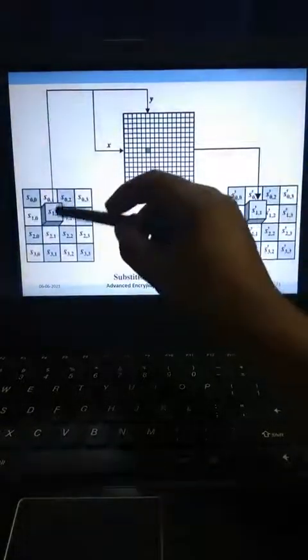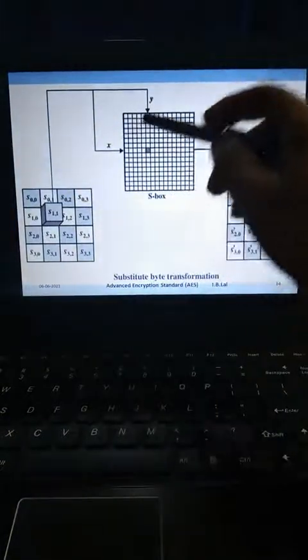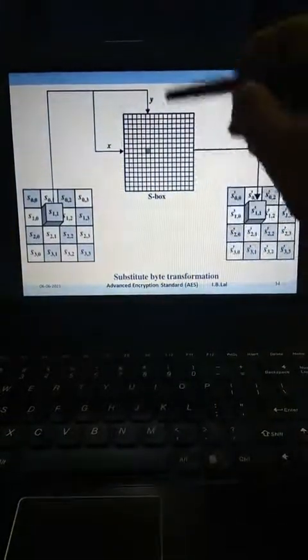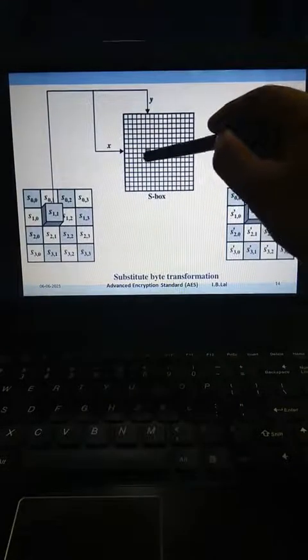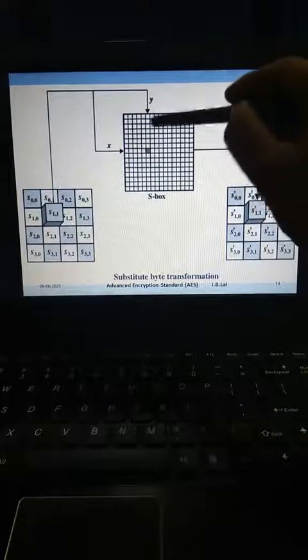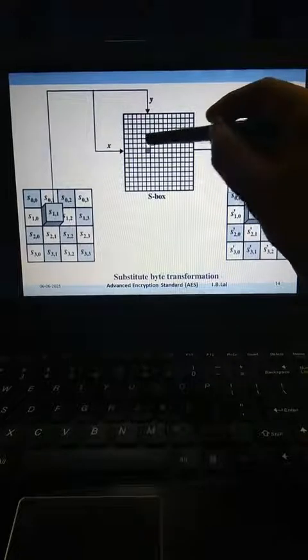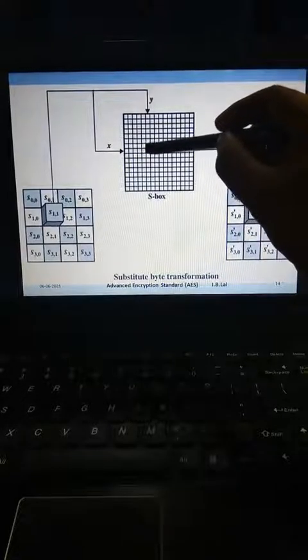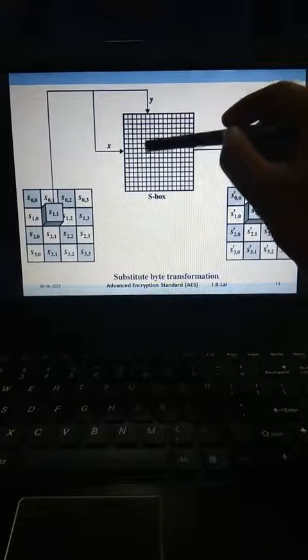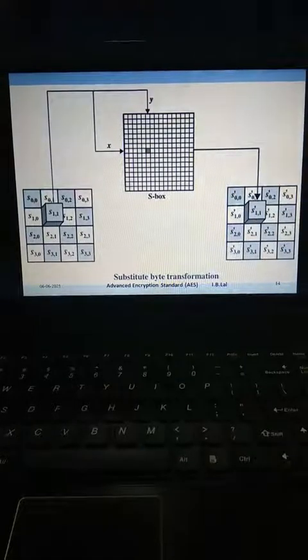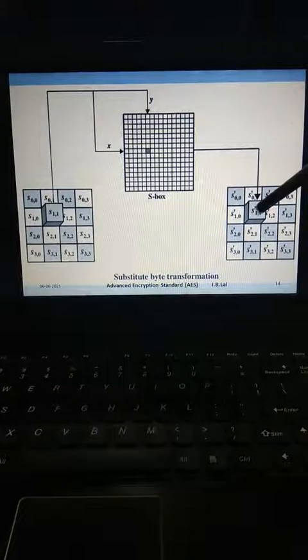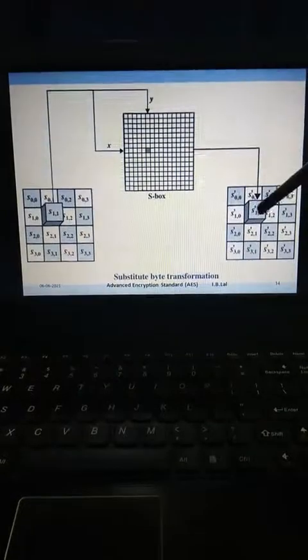So from this row number and column number, we go into the S box, and the intersection of the particular row and column is the destination. This is the cell from which we get the value, and the value from the S box is converted again into binary and stored in the corresponding cell.